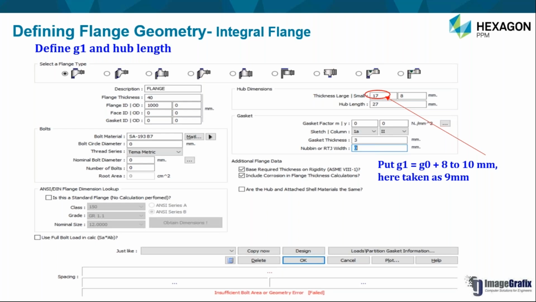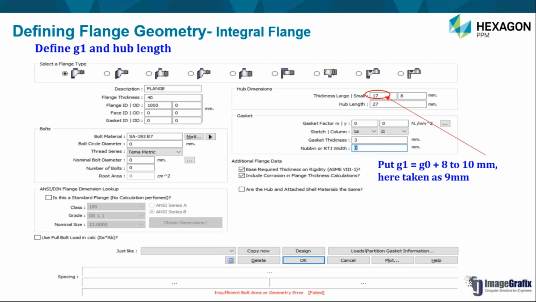Let's say 8 mm is our G0. If I assume G1, the thickness at the large end of the hub, as 9 mm, the difference is only 1 mm, and the hub length at 1:3 would be 1 multiplied by 3, so 3 mm. That satisfies one code requirement.